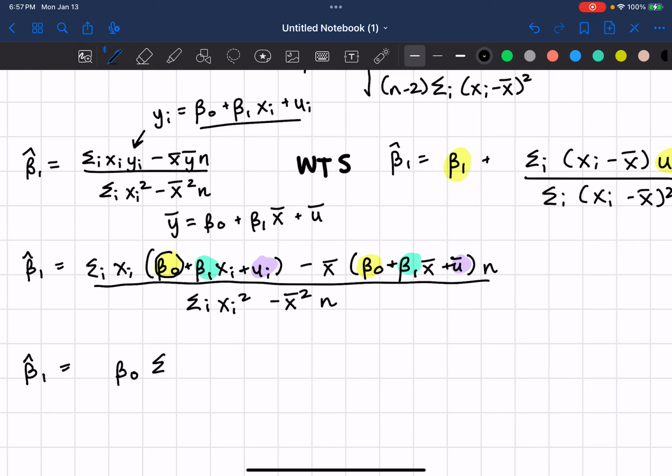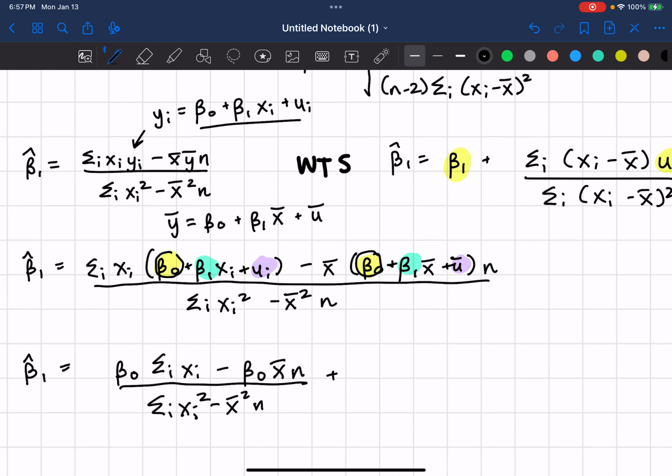Beta naught sum i xi, and then we'll have this beta naught, so minus beta naught x bar n. I have this n over here at the end. So that's the part with beta naught in it. Divide by sum i xi squared minus x bar squared n.